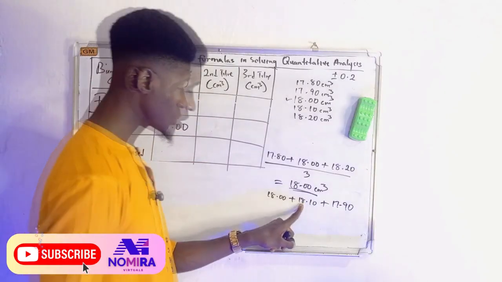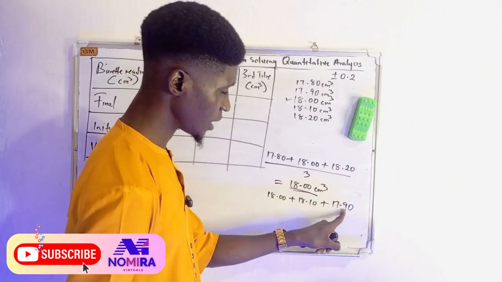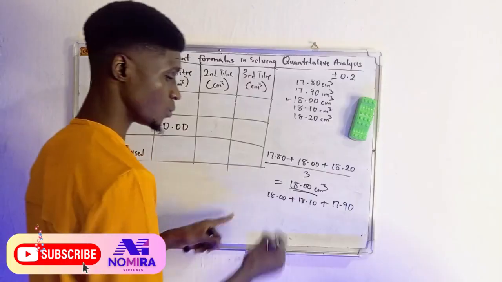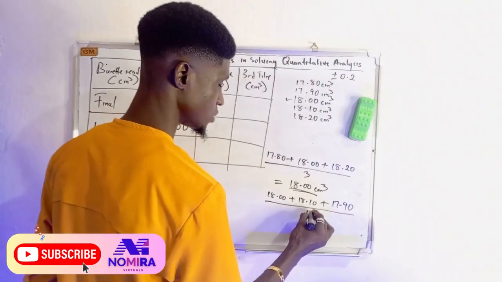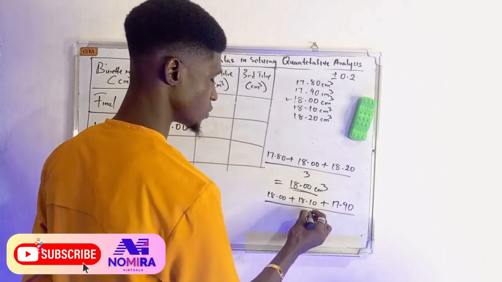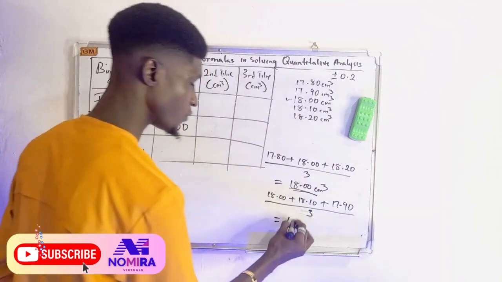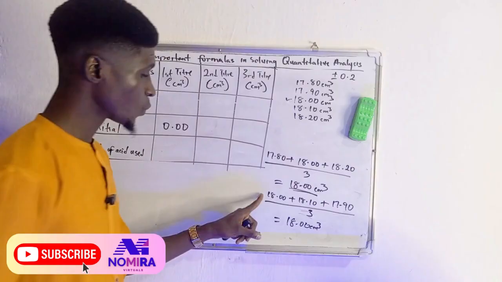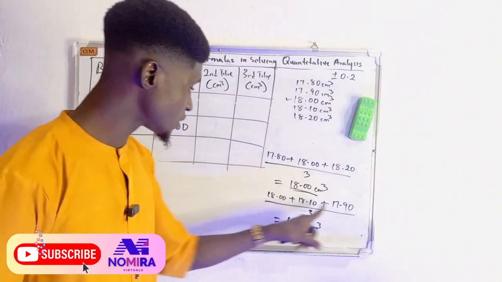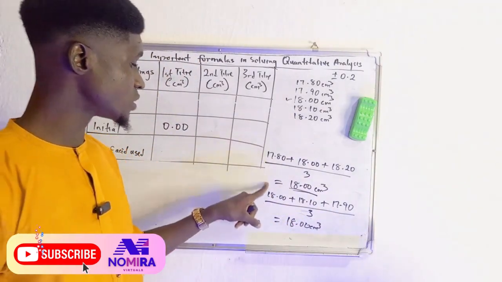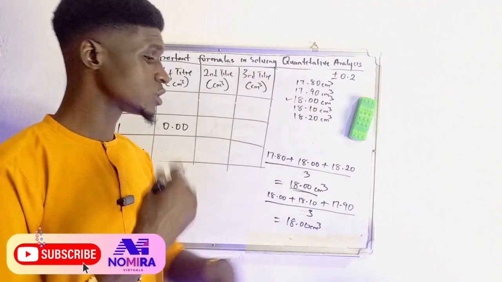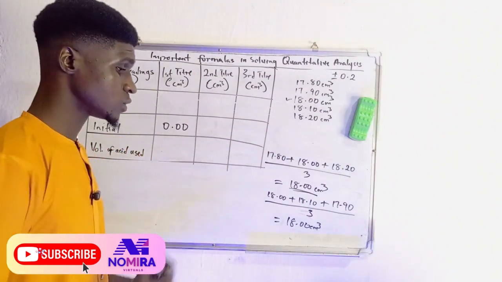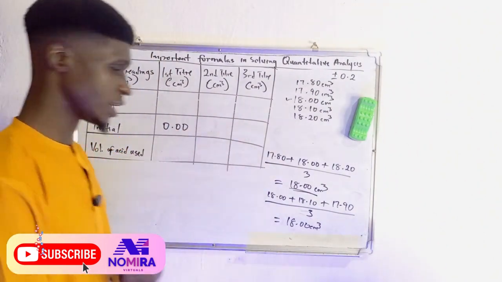So you see that if you bring this 0.1 you added here and add it here, all of them will be 18.0. So when you divide by 3, you still have 18.00. So you see that one person could have this type of result, the other person will have this type of result. Then this is how you keep on changing the results, doing remove and add.